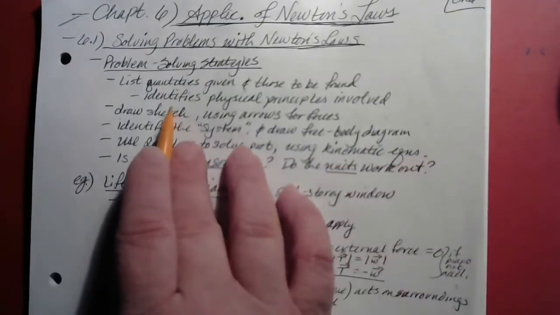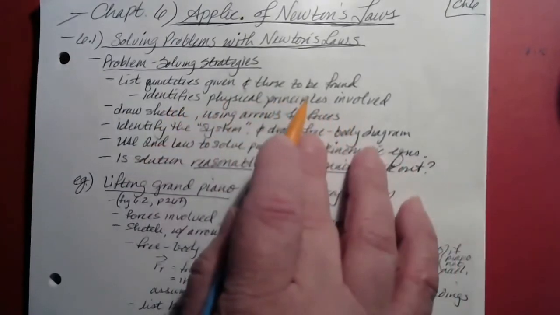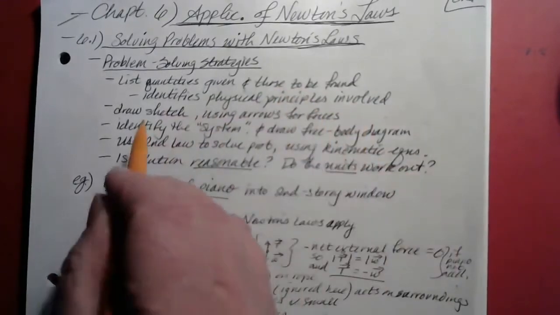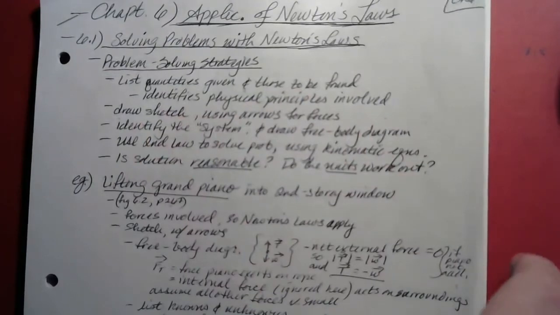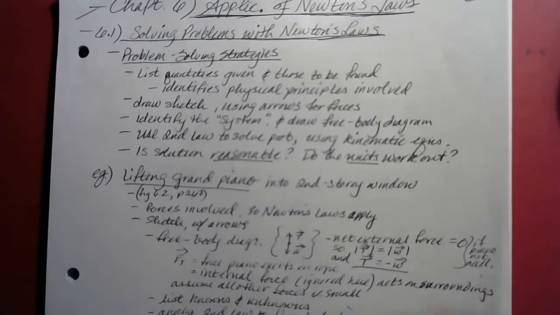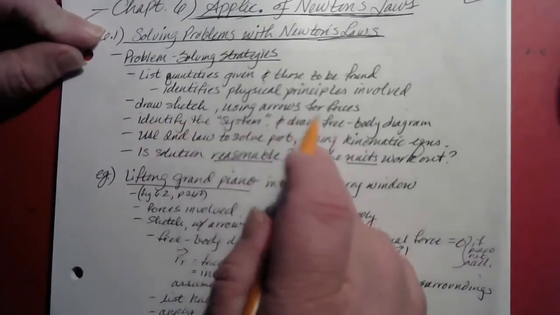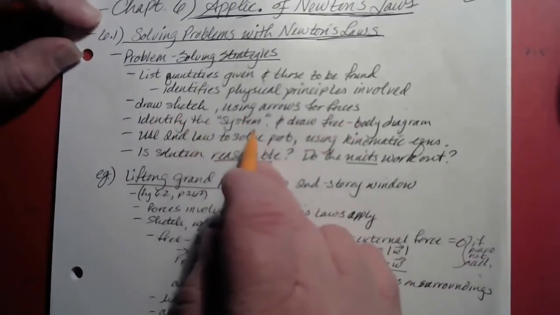Basically, doing that identifies the physical principles involved. And once you know the physical principles that are involved, you can approach the problem much more easily, because that will bring in, in many cases, a certain group of equations that can be applied to that type of problem. Now, of course, you want to draw a sketch using arrows for forces, and identify the system.